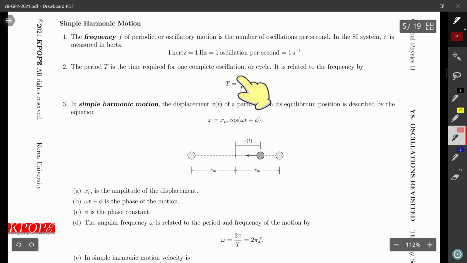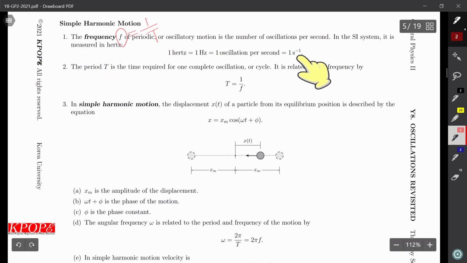Next, we consider simple harmonic motion. Frequency f is defined by 1 over period. For the oscillatory motion, it is the number of oscillations per second. In SI unit system, it is measured in hertz.